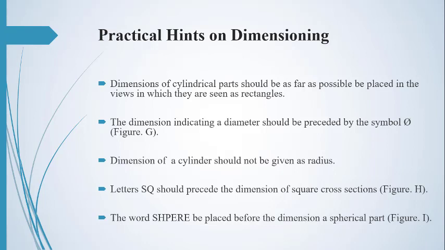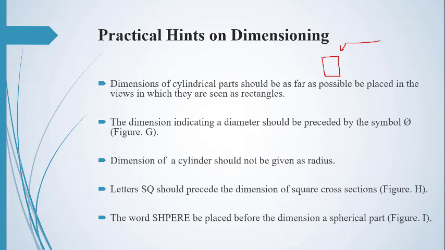Coming towards the fourth hint, a practical hint: dimensions of cylindrical parts should as far as possible be placed in the views in which they are seen as a rectangle. For example, if we have a cylindrical part, the dimension should be placed further away from the cylindrical part of the object.